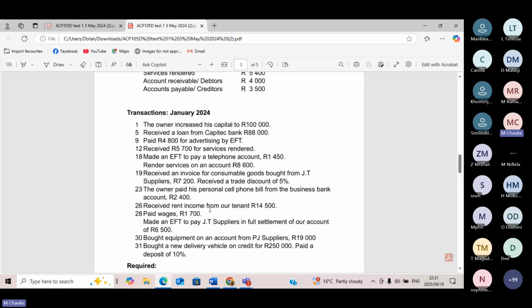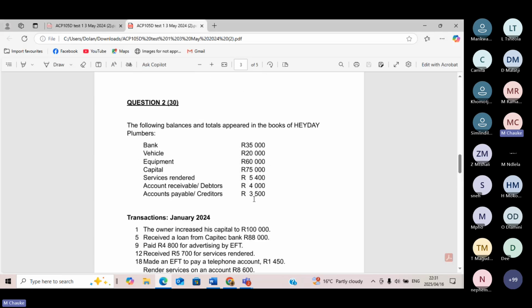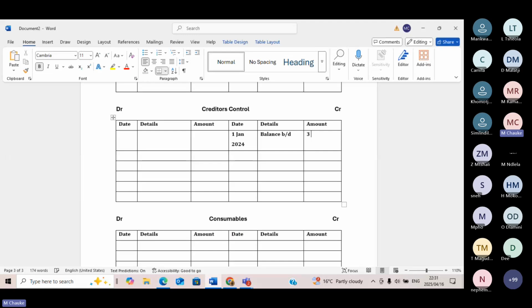So the amount for creditors opening is 3,500. So let's just go there, 3,500. And then we come here and say consumables.